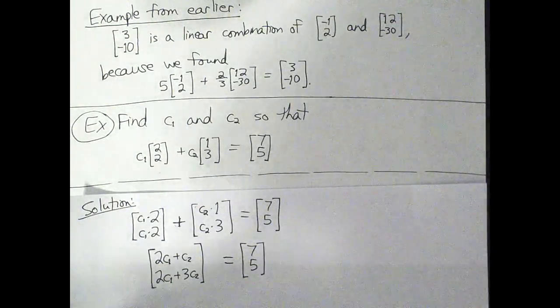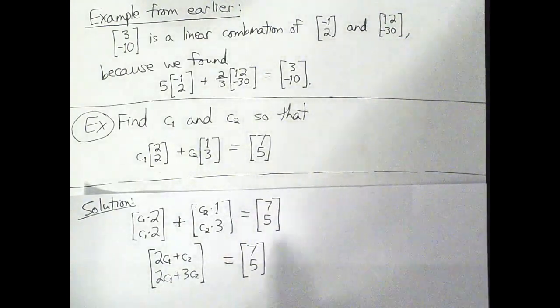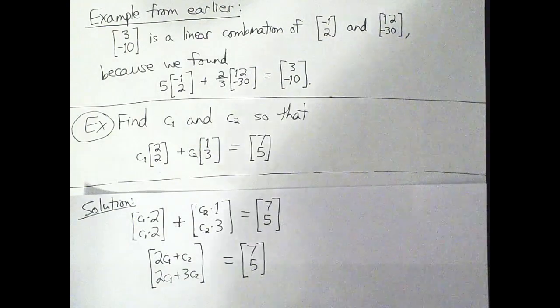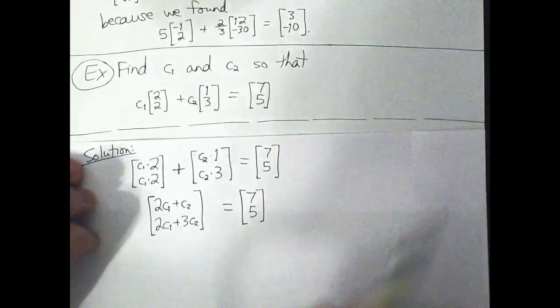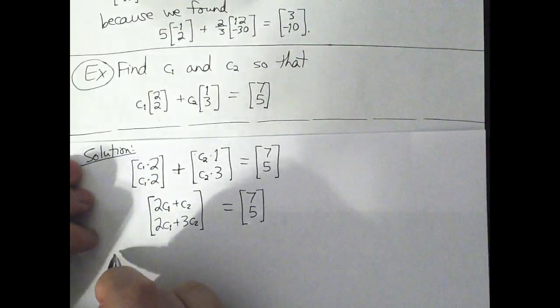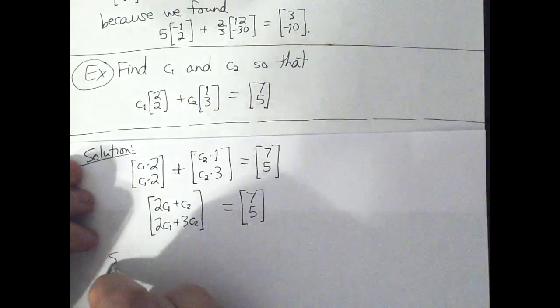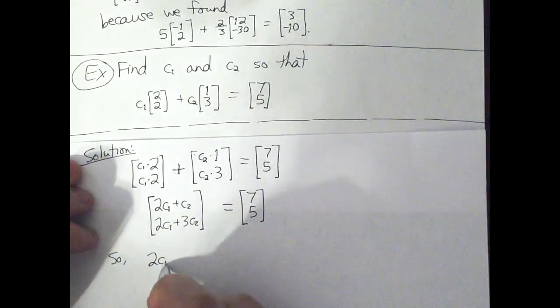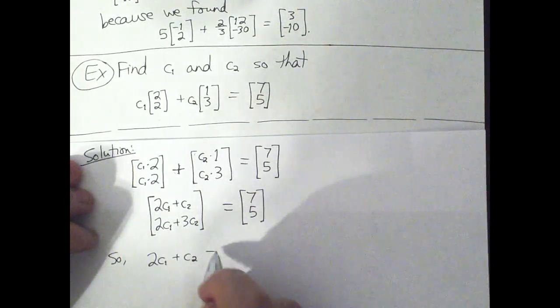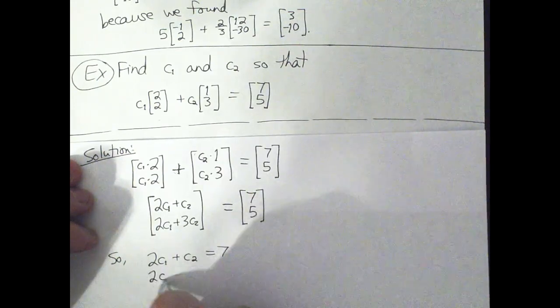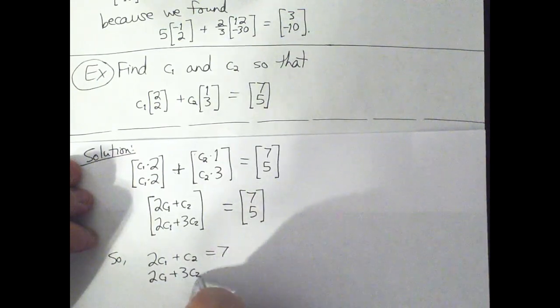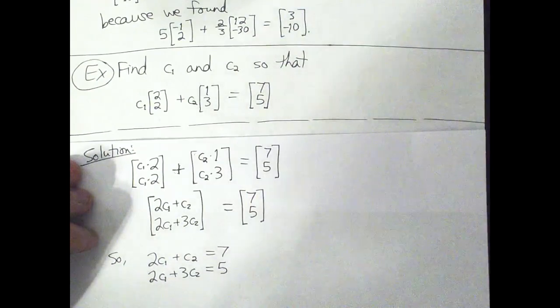Didn't we say earlier, when we talked about matrix equality, that if two matrices are equal to each other, that's only true if they have the same entries in the same positions? So we have to have 2C1 plus C2 equal 7, and 2C1 plus 3C2 equal 5.